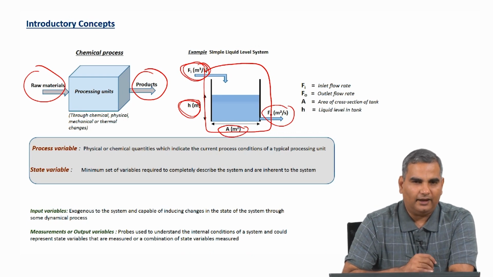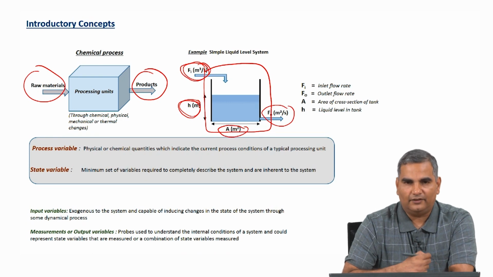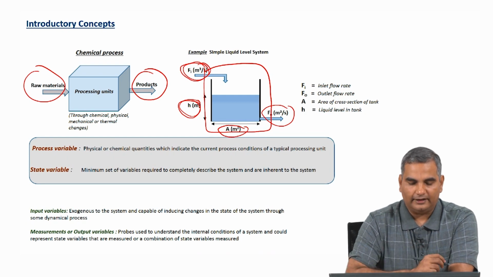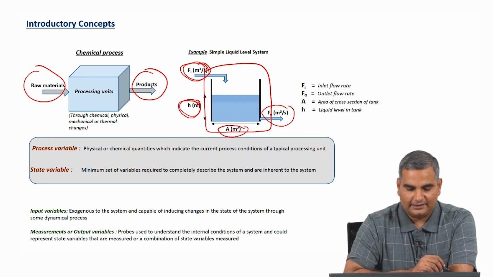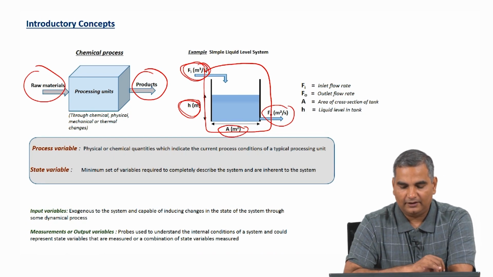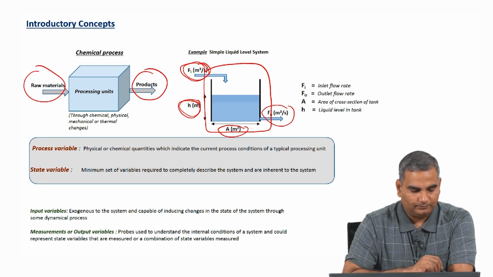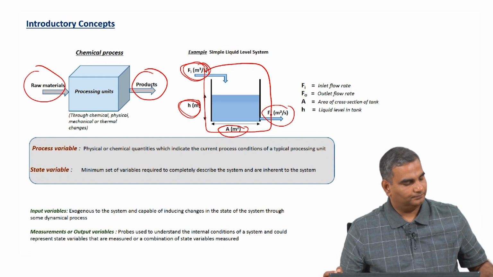And one simple way of defining a state variable for the type of models that we are going to look at is, in general, these are the variables for which we write a derivative, and I will explain this in more detail later. So, as far as this example is concerned, I have the state variable H, I have the input variable Fi, and I might say F naught is the output variable, A is a design parameter. So, which is what we have written here.